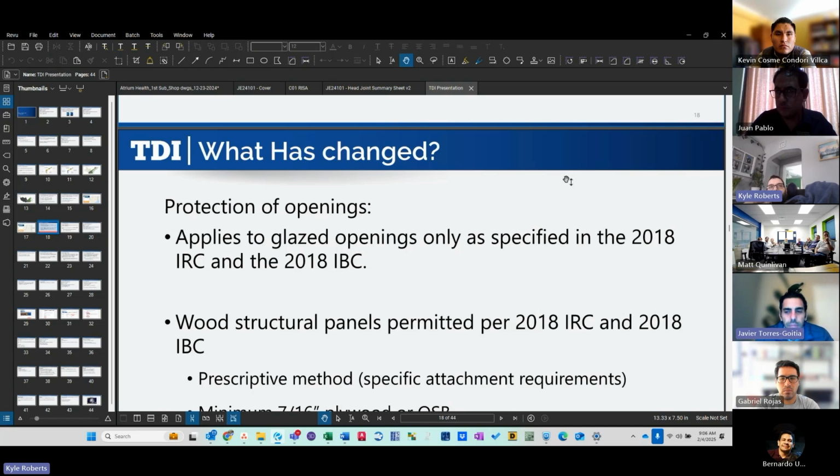Because of that, they may overrule this documentation that TDI has, saying that you can use ASCE 7 for determining if impact glazing is needed or not, and they may force the issue that regardless, they want to have impact rated glazing on the project.